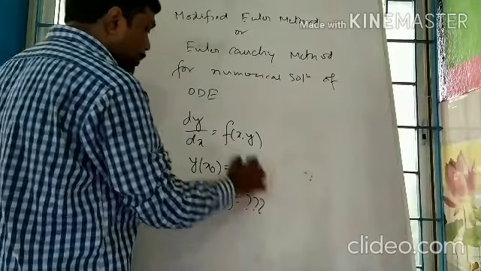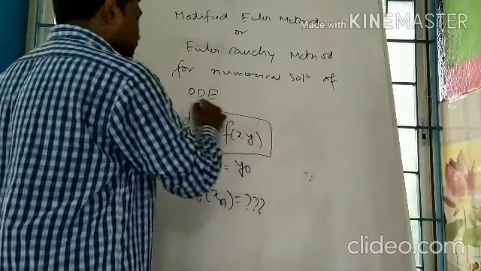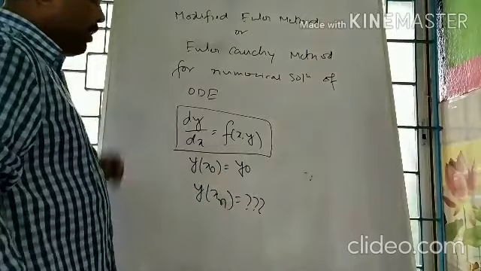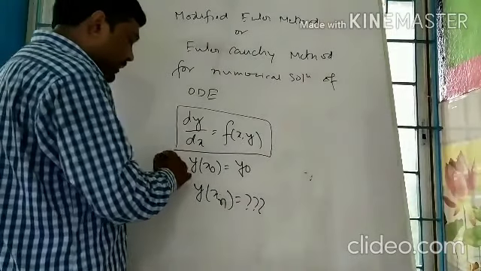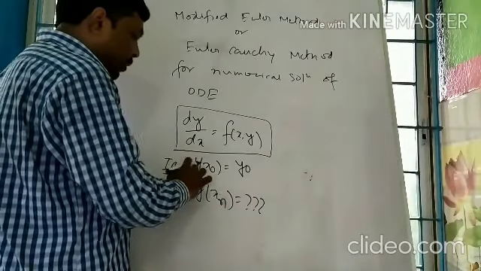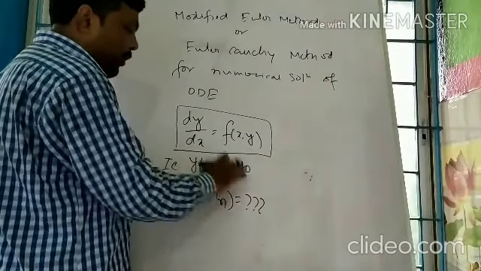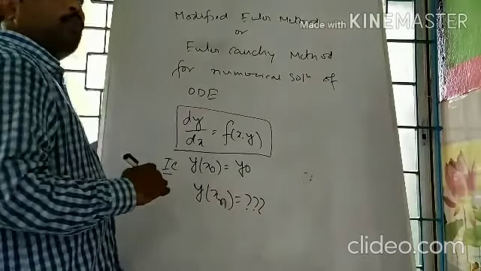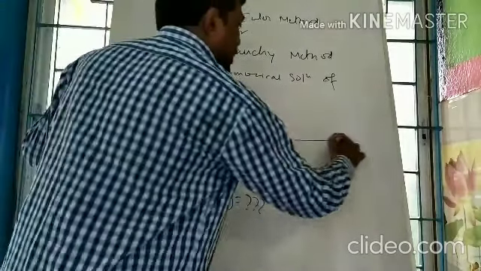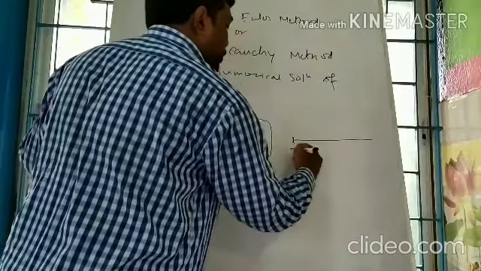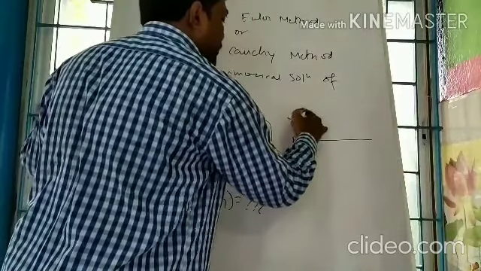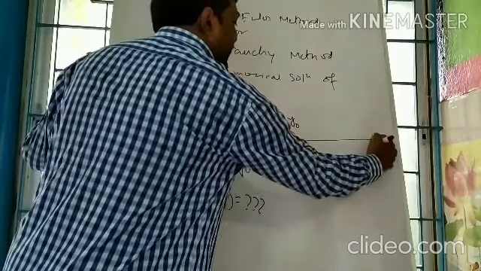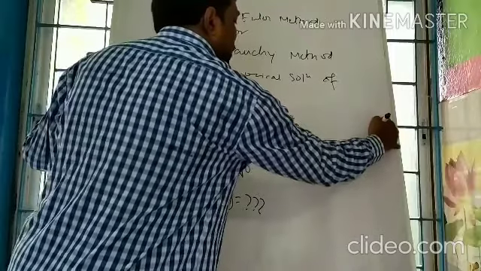This is the differential equation dy/dx equals f(x, y) and the initial condition: at the point x0 the value of y is y0; at the point xn, what is the value of y?